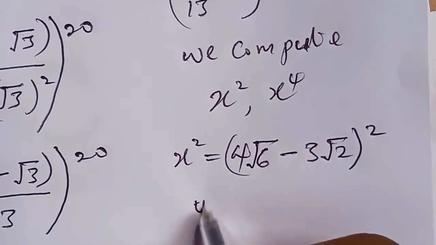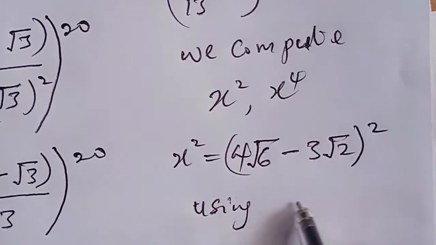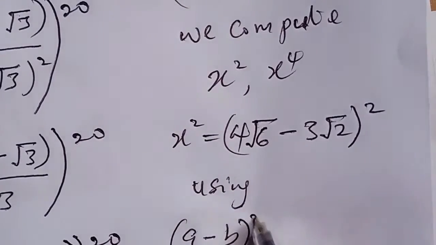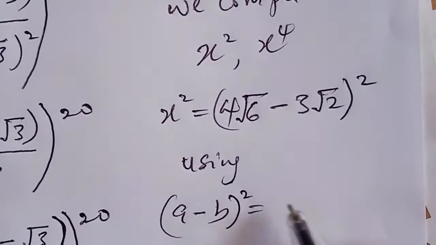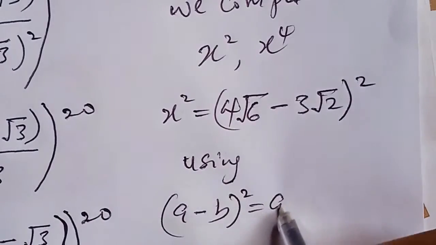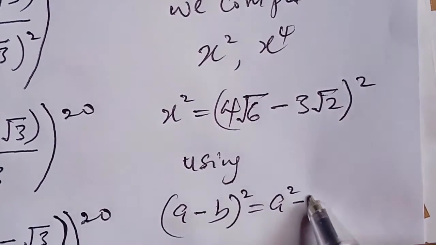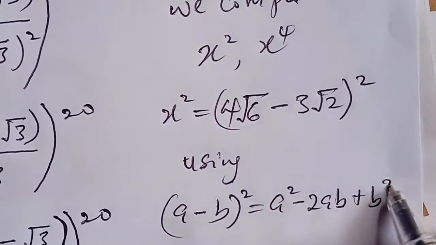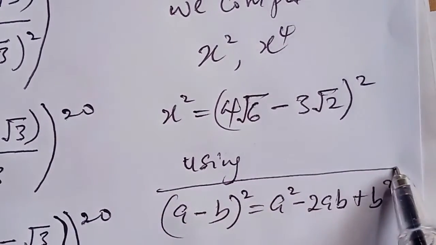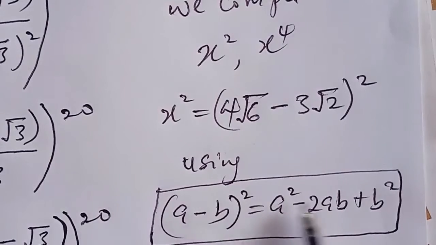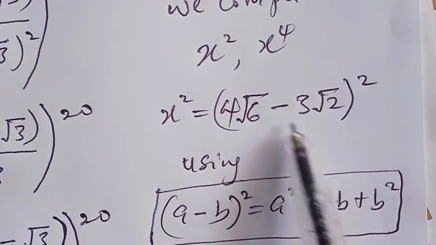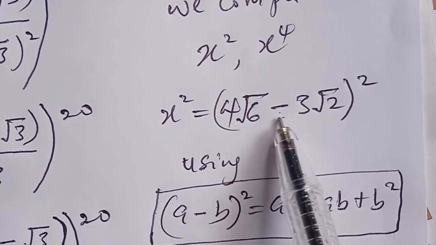Now using this identity, a minus b into bracket to the power of 2, which is written as a squared minus 2ab plus b squared, we use this identity to simplify the left hand side of x squared.